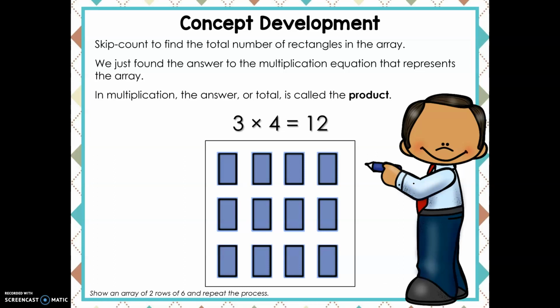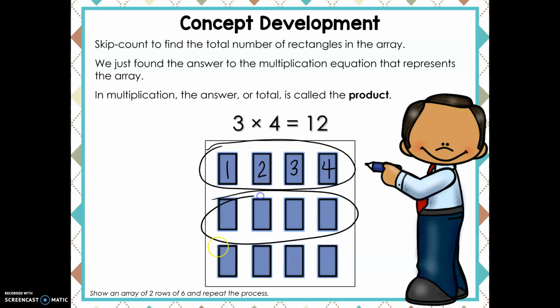The last thing we do is skip count to find the total number of rectangles in the array. We knew there is 1, 2, 3, 4 rectangles in each group, and that there's 1, 2, 3 groups. So we're going to skip count by 4s. If I need to, I can whisper or think the other numbers until I get to every 4th number.